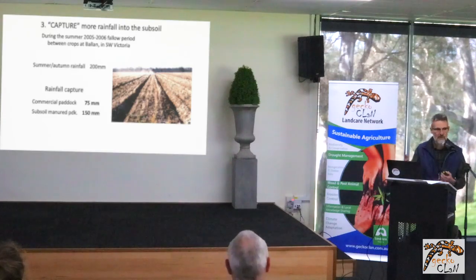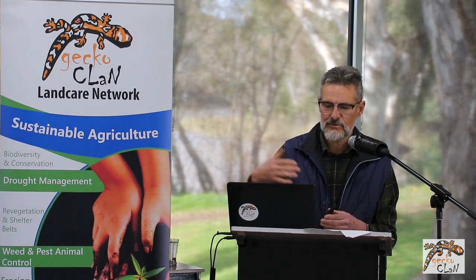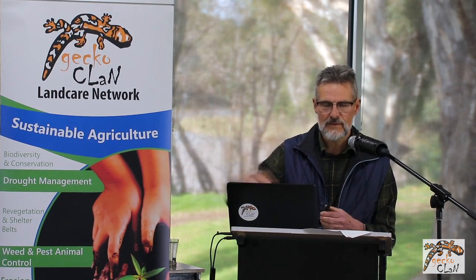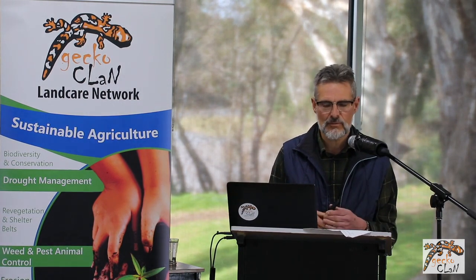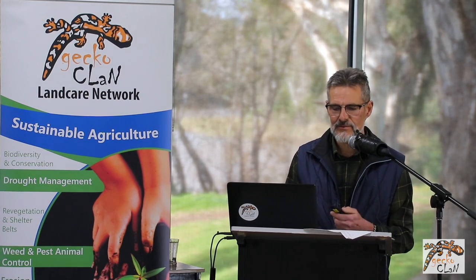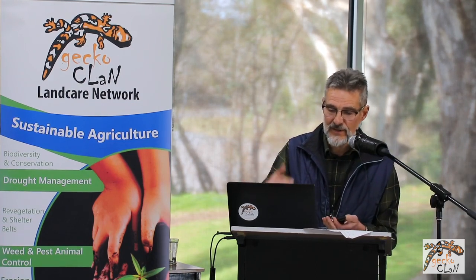Everyone's seen texture contrast soil. If you've got 200 millimetres of rainfall over a fairly short period, you would get a fair bit of waterlogging. That's why they came up with raised beds in southwest Victoria, because of that waterlogging problem. That water is always shed off in a raised bed situation.